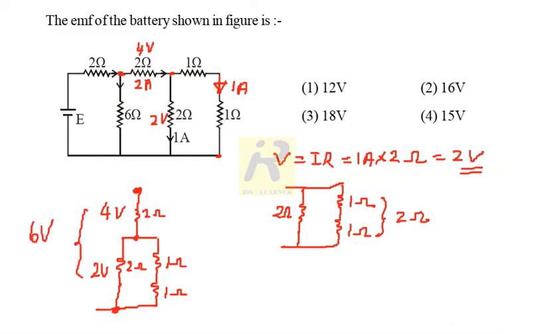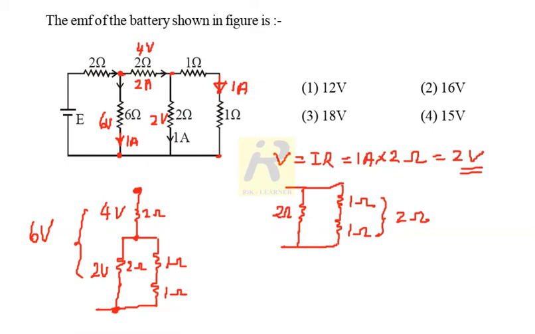That 6 volt is applicable for this 6 ohm. So with 6 volt as the potential difference and a 6 ohm resistor, how much current should pass? It is the ratio, 6 volt divided by 6 ohm, that means 1 amp. So the current passing here is 1 amp.